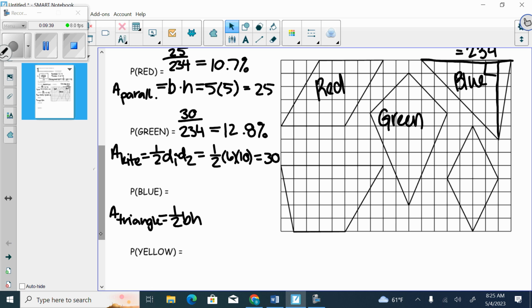So we got 1/2 times 7 times 6. So what's the area? 21. So the probability of hitting blue is 21 out of that 234 total. Okay, so what would be the percentage of hitting blue? 9%, okay.